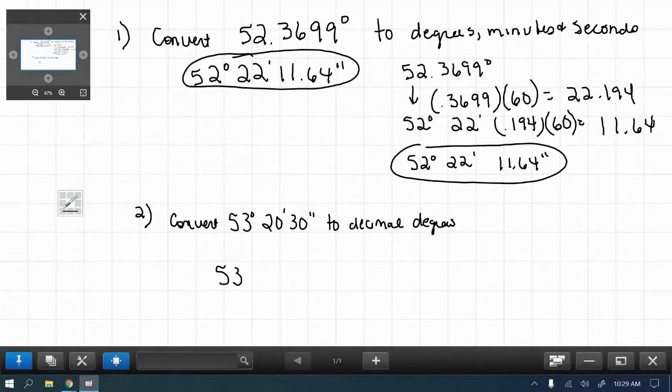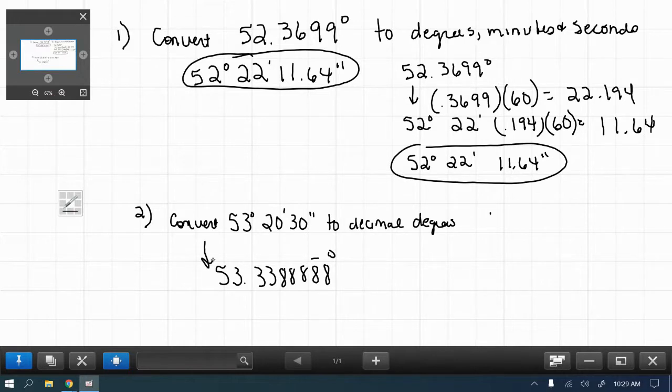And if you hit enter, it'll automatically put it in decimal degrees. And then it's 8888 remaining. Kind of goes all the way out. So that's if I do it straight in the calculator.